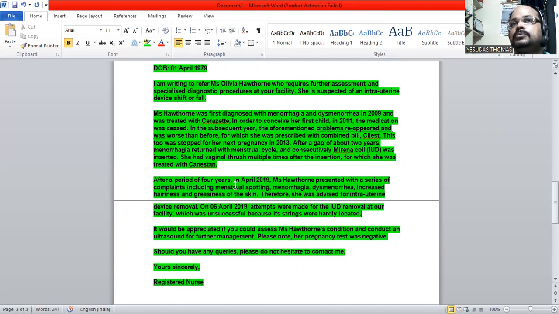Right now, she has to have her IUD removed. Its strings have to be located, and this can be done by an ultrasound. Further management can be done only when the strings are located.